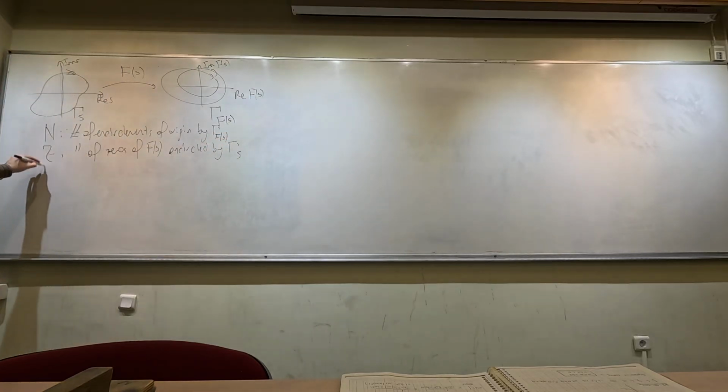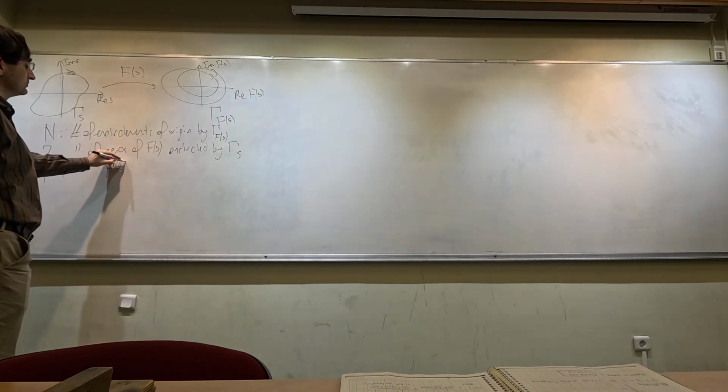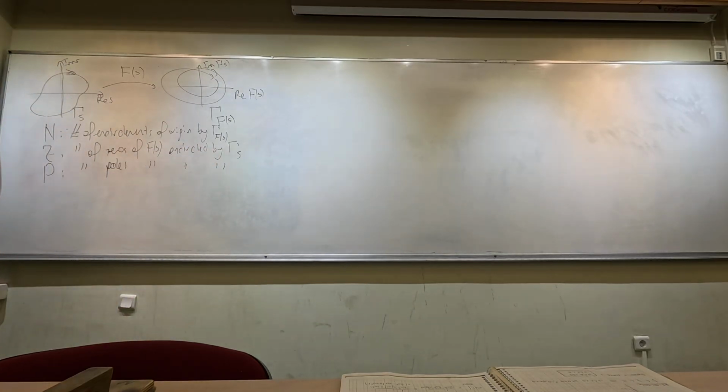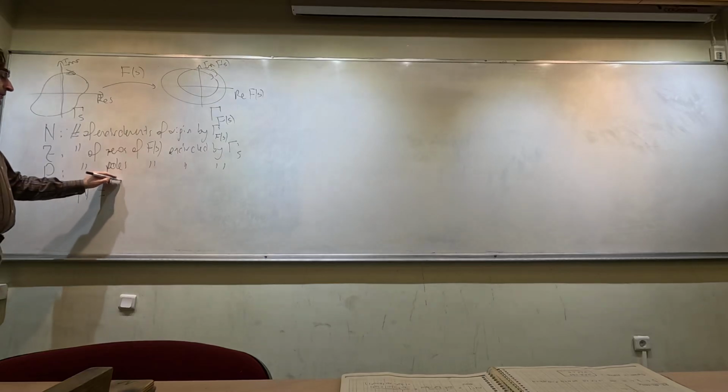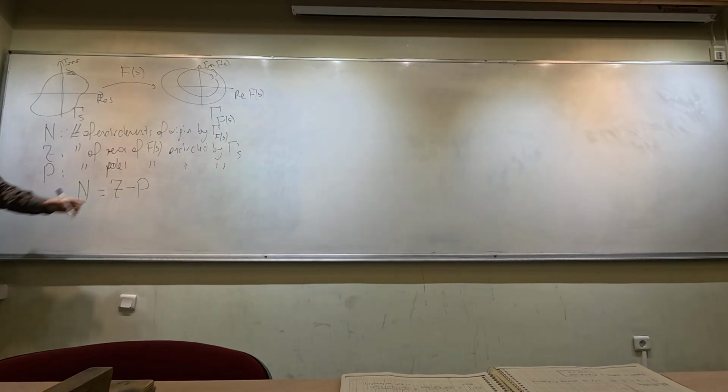And we have defined p as the number of poles of f of s encircled by gamma s. And then we learned something called Cauchy principle of argument, and this related n, z, and p using this expression.